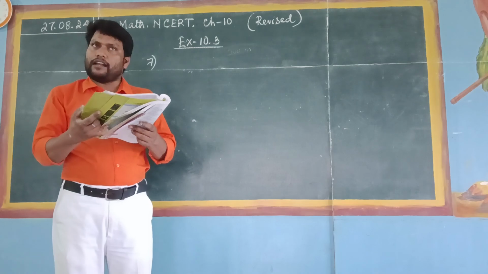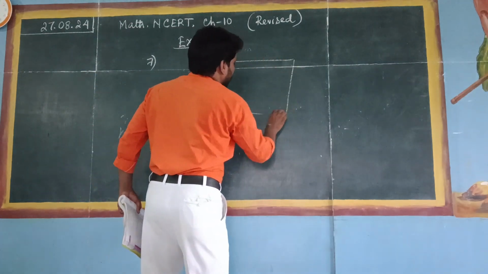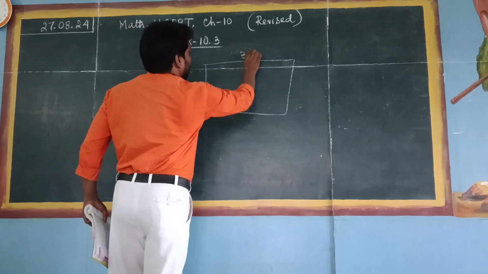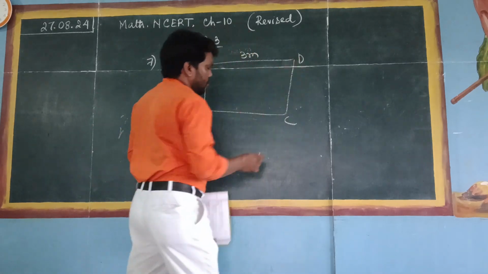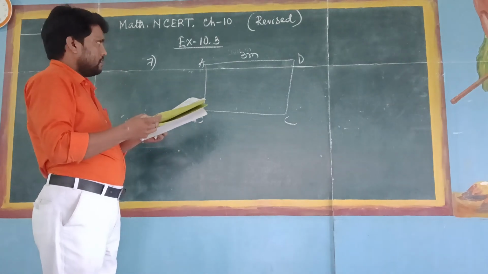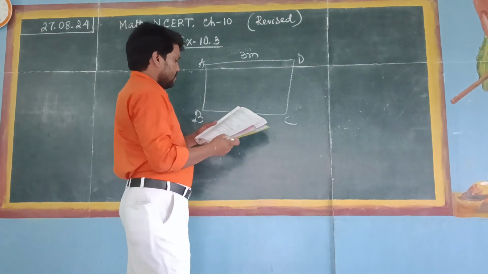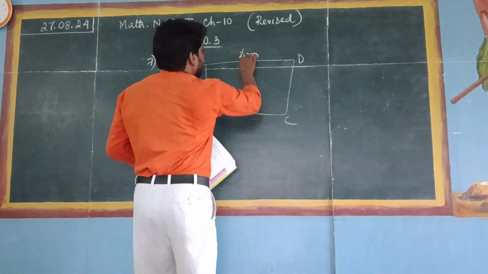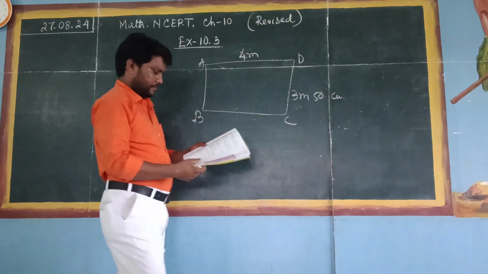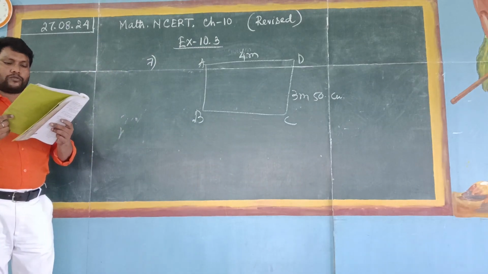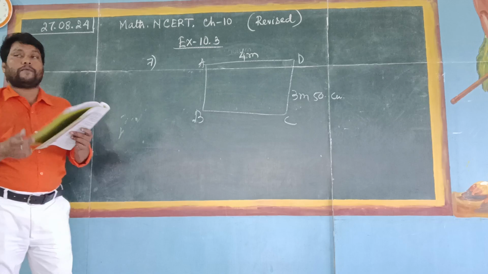Suppose it is also a rectangular shape, ABCD, 4 meter long and 3 meter 50 centimeter wide. How many square meter of carpet is needed to cover the floor of the room?